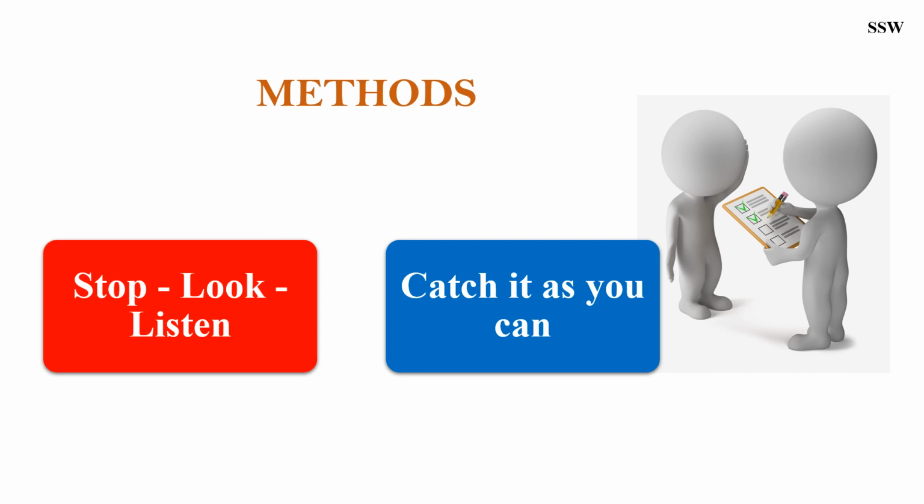This method looks into each data packet on the network but only analyzes those that appear to be suspicious and which require some additional analysis. Next method is catch it as you can. So this method involves capturing all the network traffic which is available and analyzing all of it. This can be a lengthy process and it requires more storage space.